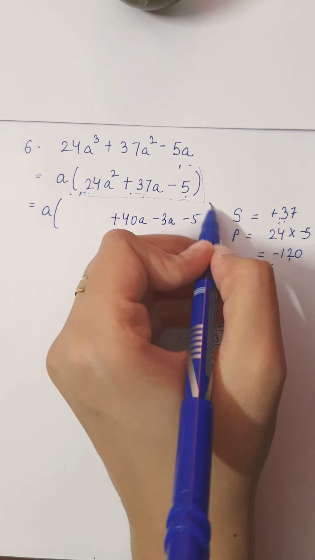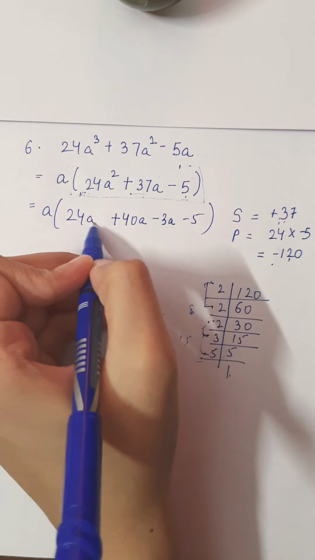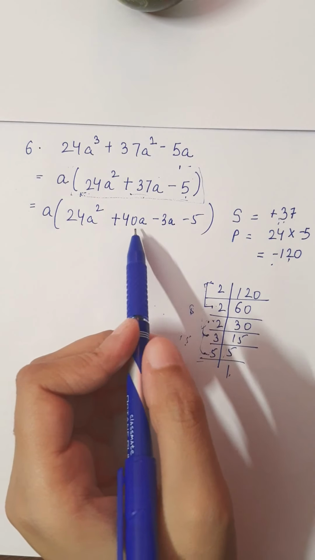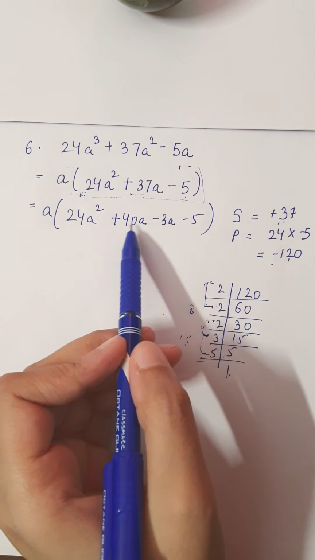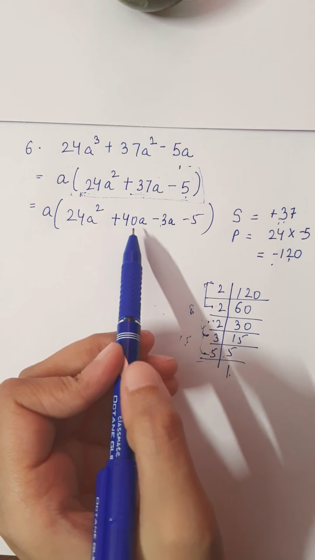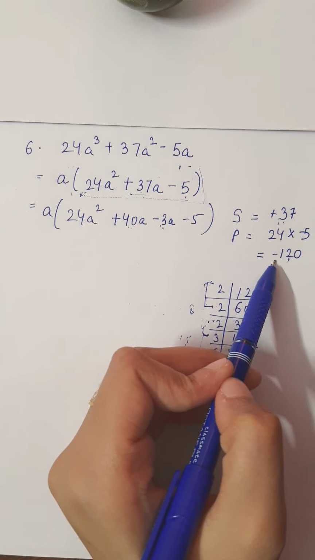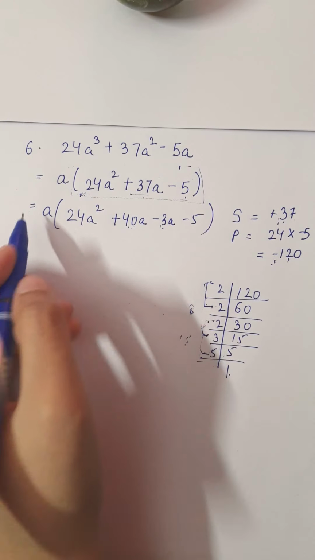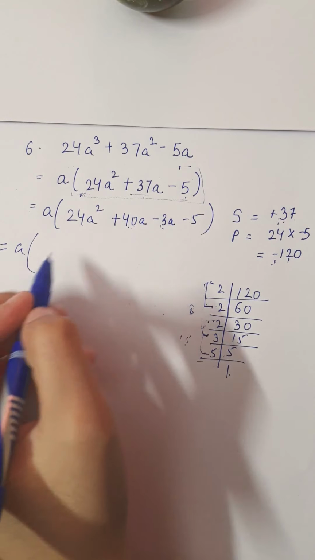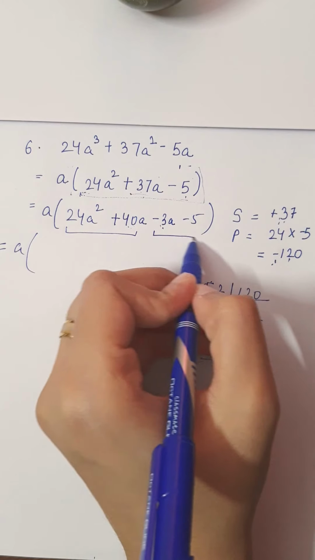Then this I am copying as it is. Once you write it down, must check it back. 40 minus 3 is 37, and 40 into minus 3 will be minus 120. So perfect. Now grouping inside the bracket.